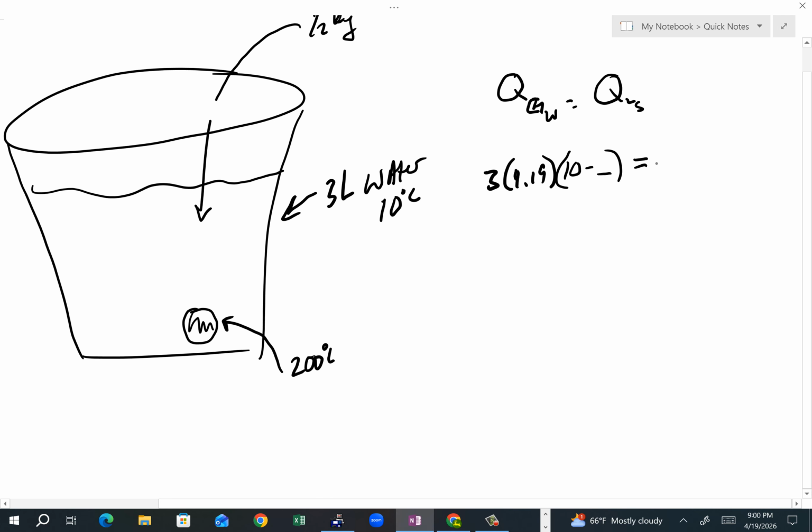Is equal to, and on the other side it is M, so 0.5 times 0.46 times 200 minus, oh geez, the same final temperature. By God, they do. You're right. T sub F, T sub F. Wow, that's pretty killer.